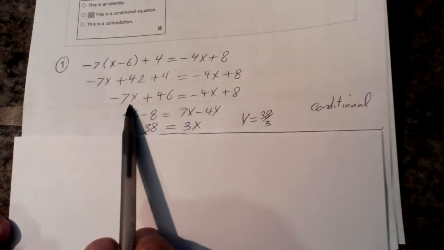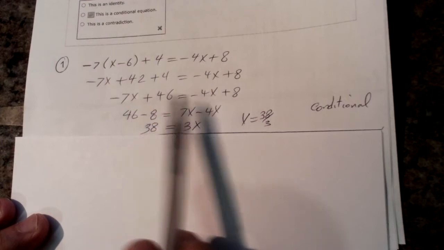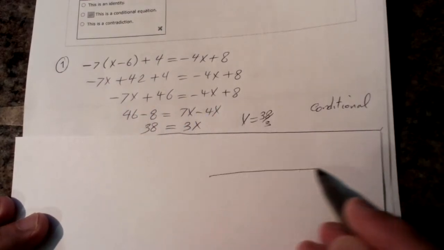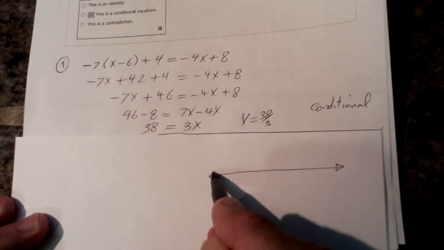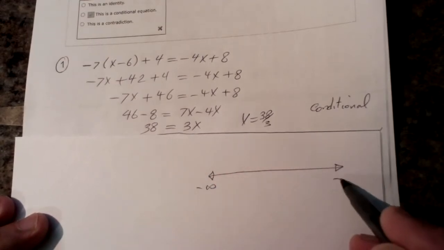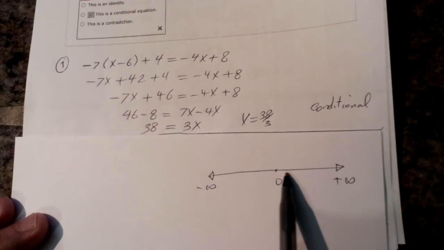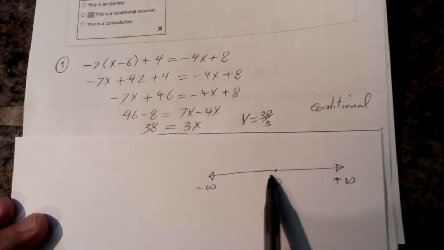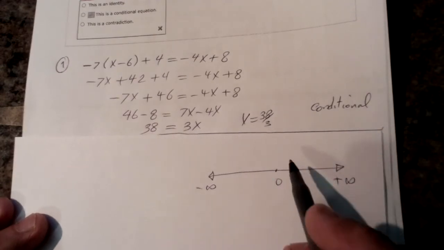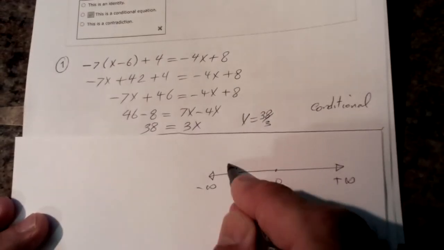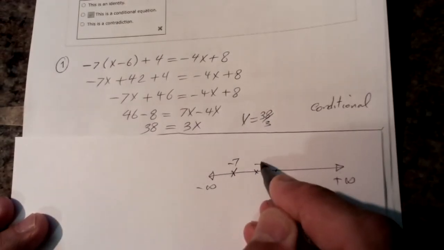Now, is -7x larger than -4x or is -4x larger? On the number line, if you remember, the number line was a straight line and there was a point at 0, and as the numbers go to the right, they increase, and as they go to the left, they decrease. Where is -4 and -7? If this is -7, -4 is here.